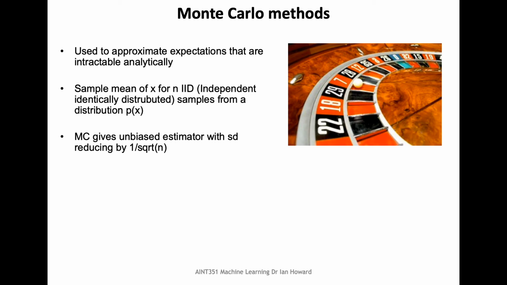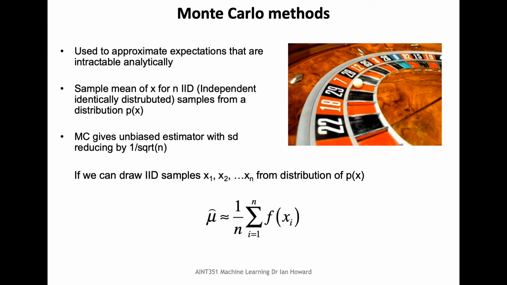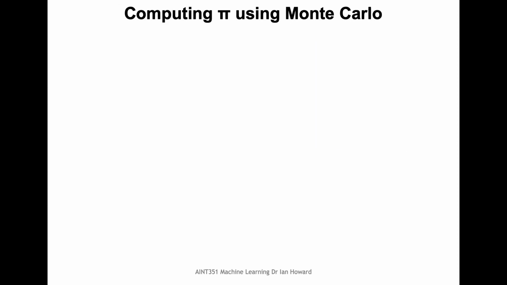And the error generally goes down as 1 over the square root of the number of samples. Obviously, it's quite easy to calculate the mean. All we have to do is add up all the values and divide by the number of them, right? And that would be a Monte Carlo way of doing something like that from something like a rand function.